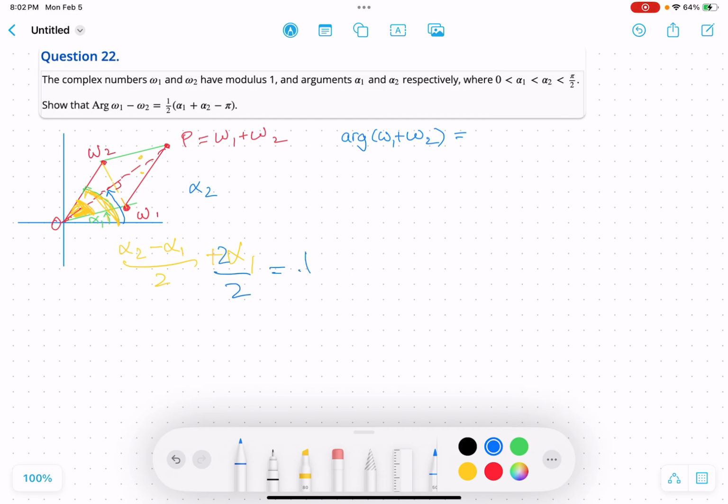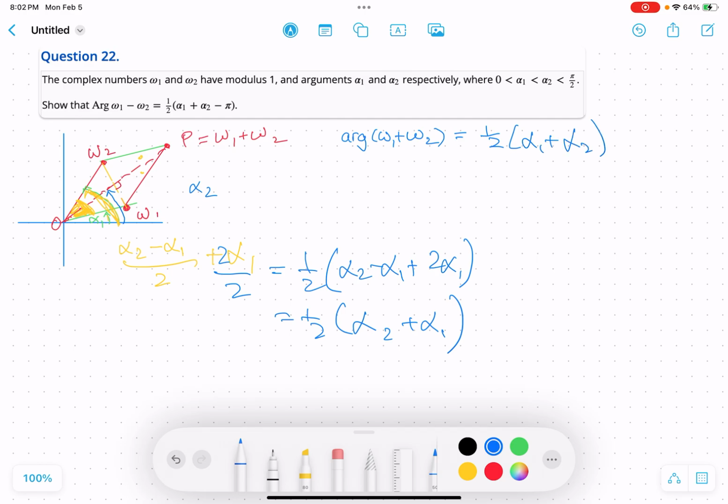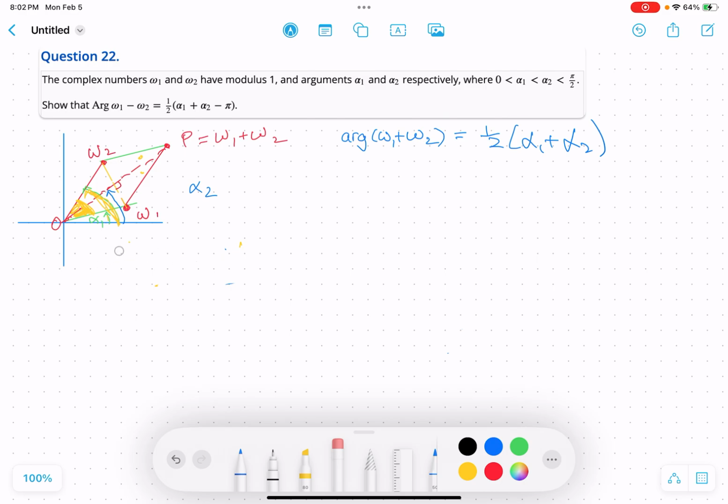Put that together and you can see we have half of alpha 2 minus alpha 1 plus 2 alpha 1s, which is the same as half of alpha 1 plus alpha 2. Just by a little bit of logic, looking at those angles by observation, you can see it, or you can figure it out. Why is that important?